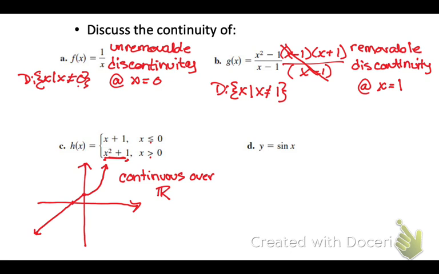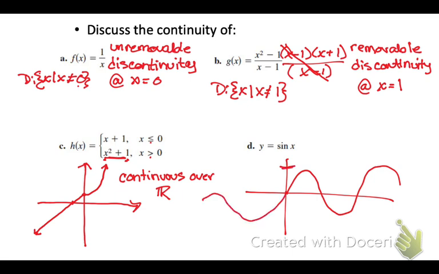So, okay, sine. You should know what sine looks like. Where does it start? It starts at 0 and goes up to 1 and down to negative 1. Any holes or breaks in that? No. So what's your answer? Continuous over all real numbers. Is it all real numbers if it only goes to 1?